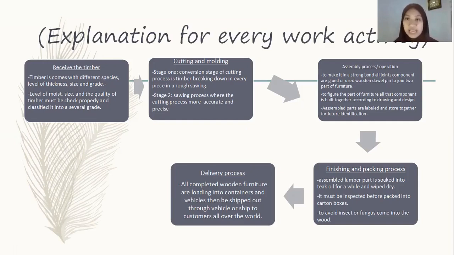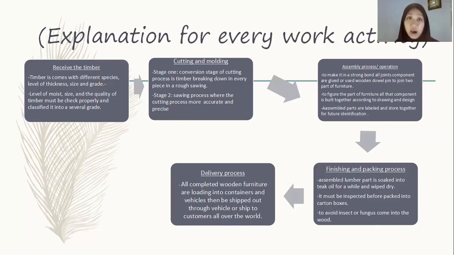To make a strong bond, all joint components are glued or use wooden dowel pins to join two parts of furniture. To form the furniture, all the components are glued together according to drawing and design. Assembled parts are labeled and stored together for future identification.